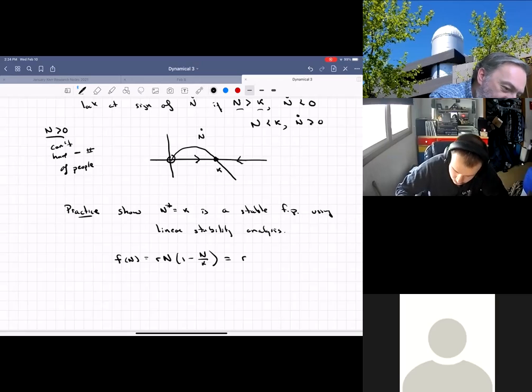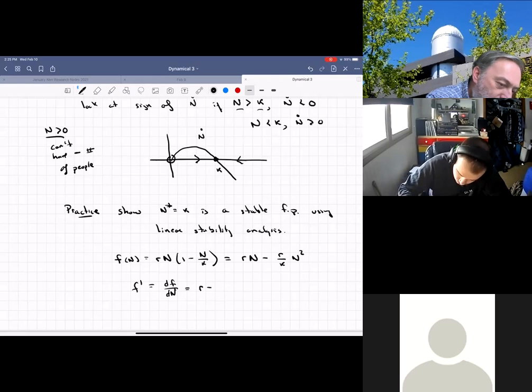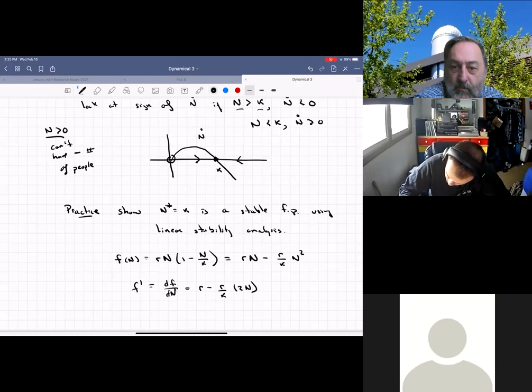And it's going to be convenient for me to write that as R n minus R over k n squared. Then f prime, df dn, is R minus R over k times 2n. Right? That'd be f prime.